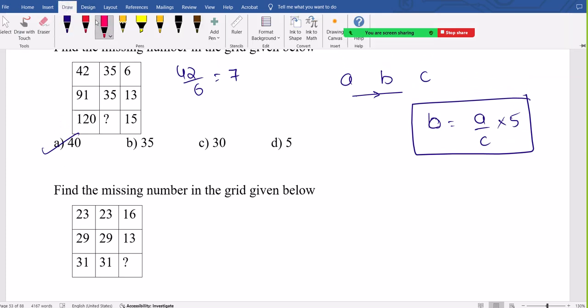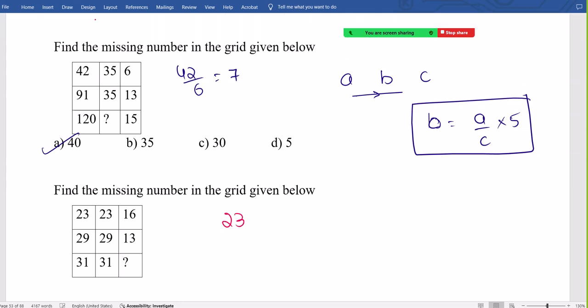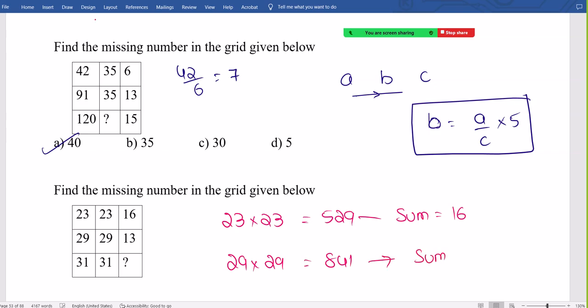The beauty of this question: 23 multiplied by 23 is 529. The sum of its digits is 16. 29 multiplied by 29 is 841. The sum is 13. Now 31 into 31 is 961. Sum of digits is 16.